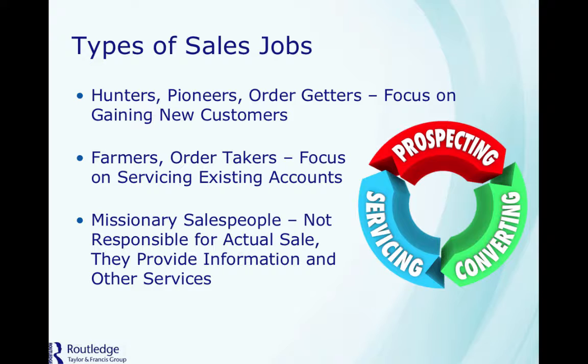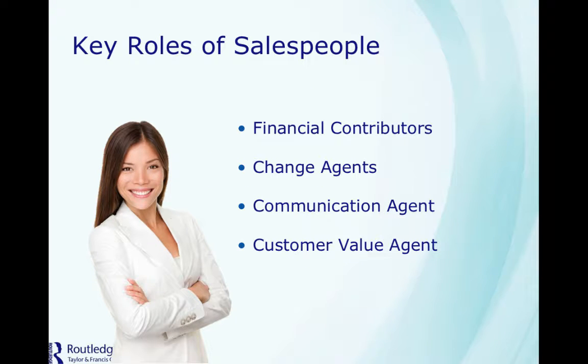Starting with Chapter 2: the different types of sales jobs, the roles of each of these types of salespeople, the characteristics of each of these types of sales roles, some of the key roles that the salespeople have for the firm.